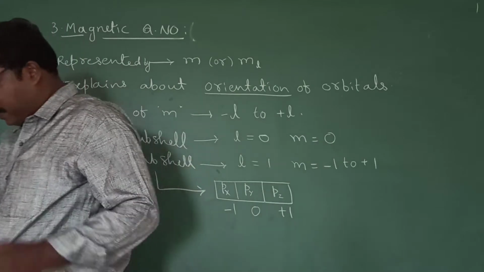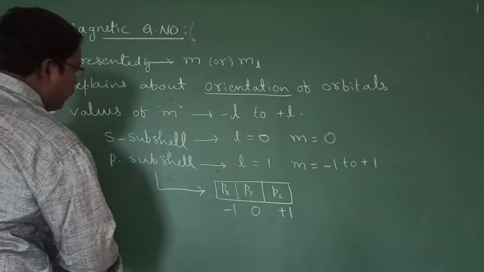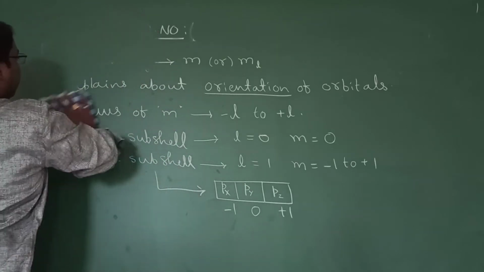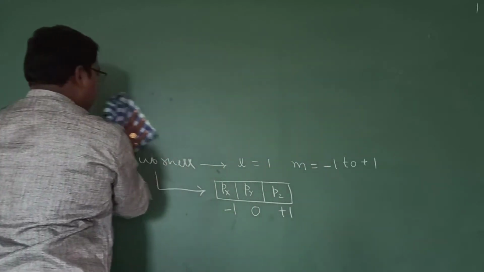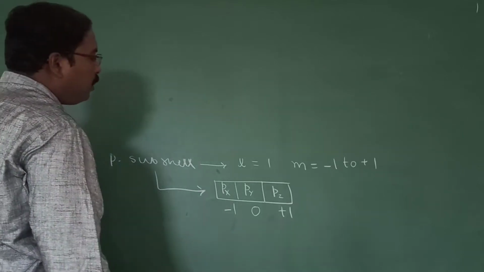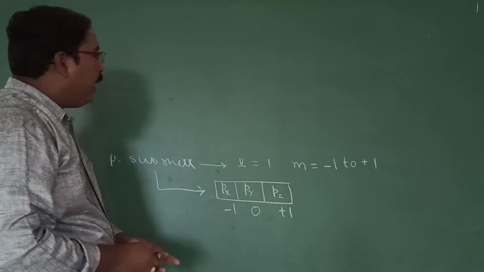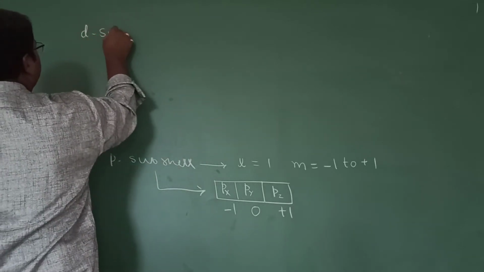Note this down. For the P subshell, we got 3 m values. Now coming to the D subshell.